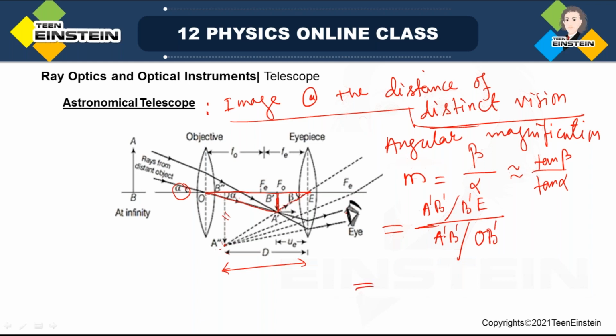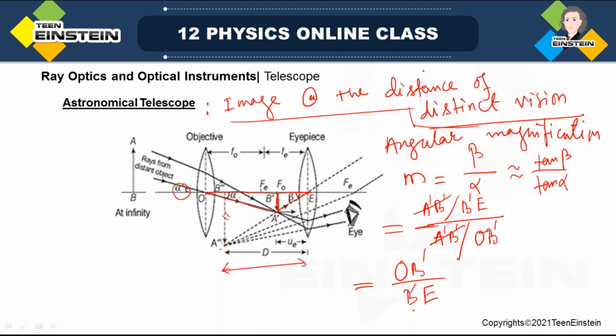Okay, look, I'll just arrange this. If I arrange this, A prime B prime will cancel from both numerator and denominator, and O B prime will be going there, and B prime E will be here in the denominator.